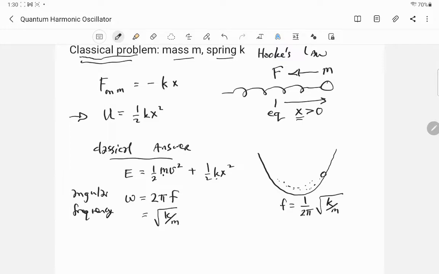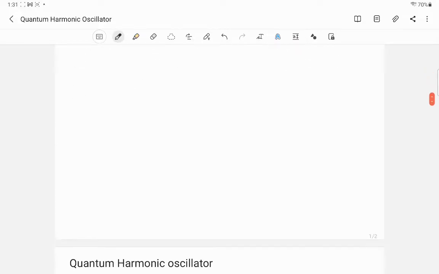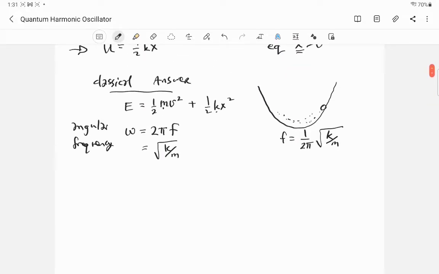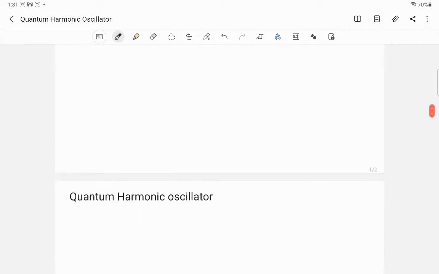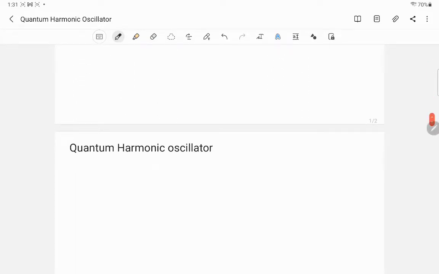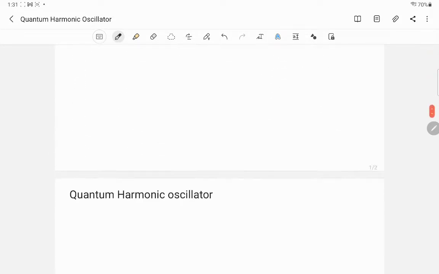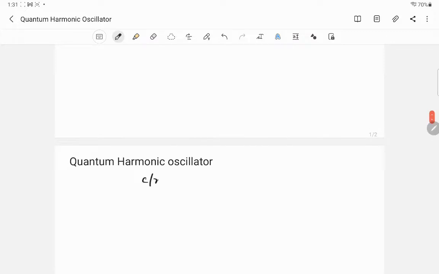All right, so the first step that a book typically takes with quantization of the harmonic oscillator is, instead of imagining there's actually this classical spring, right? A classical spring in this quantum problem doesn't make any sense actually.